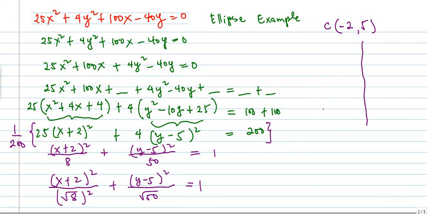Wala. So, negative 2 and then 5. Negative 2, 1, 2, and then 1, 2, 3, 4, 5. So, dito po yung center ng ellipse.